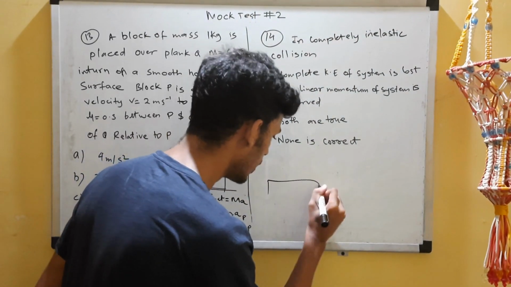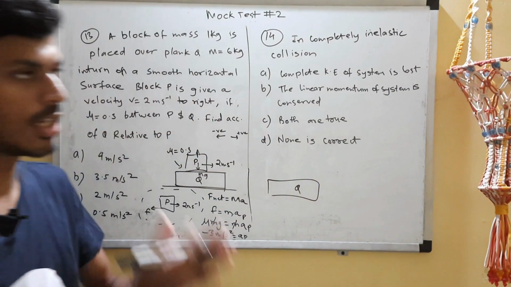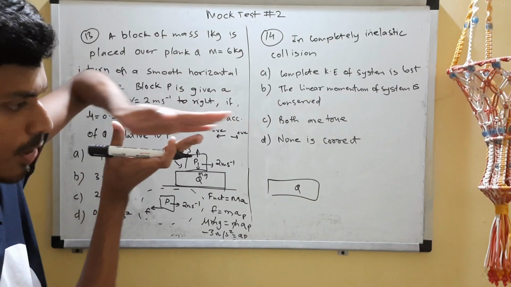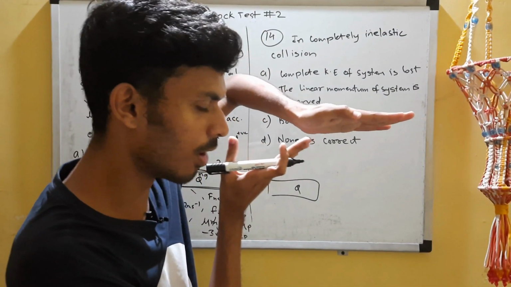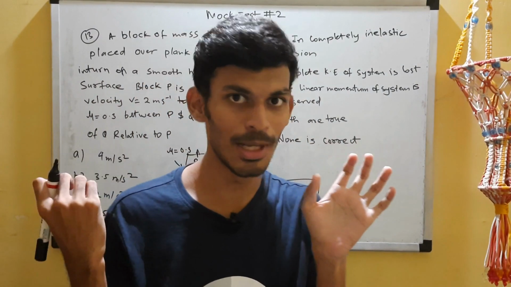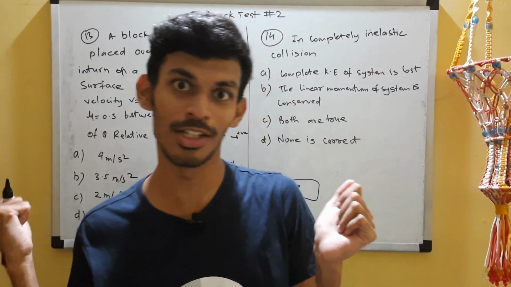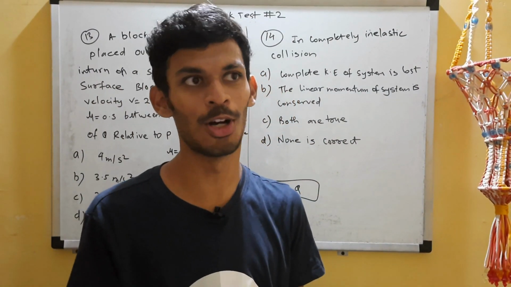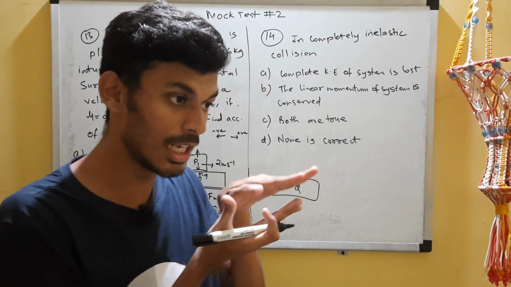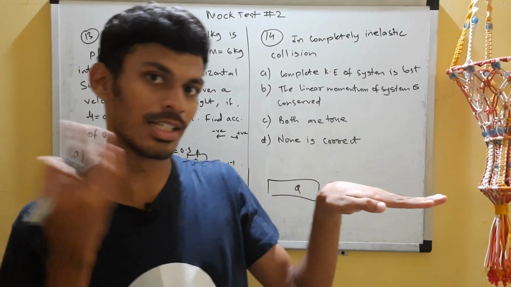Now let us study the plank Q. The block P is sliding on plank Q. It's sliding forward, so there is relative motion there and plank Q is being left behind. So what will friction do? Friction will pull it in front in order to oppose relative motion, because block P is moving in front and Q is left behind.